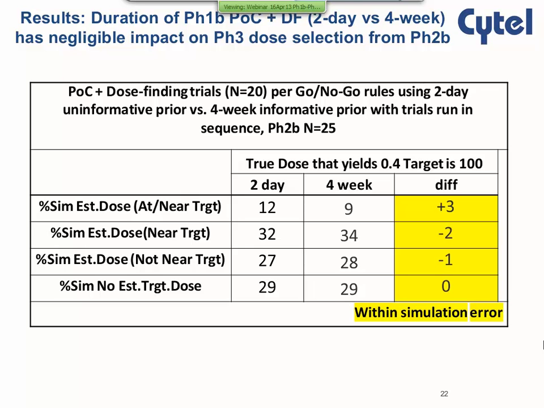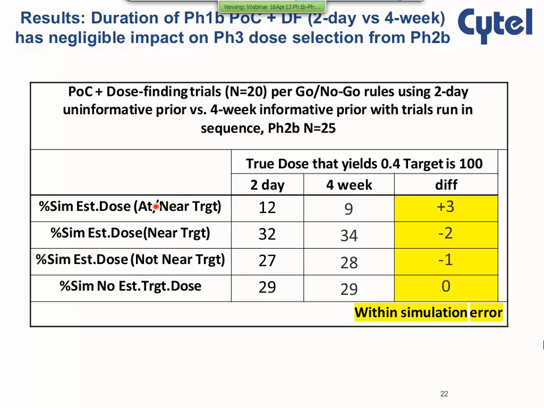This slide summarizes the 2-day versus 4-week option. In the case where we apply the uninformative prior for the 2-day option and the informative prior for the 4-week option. And we summarize the percent of simulations that are, the top row is at the target dose and the second row is near.